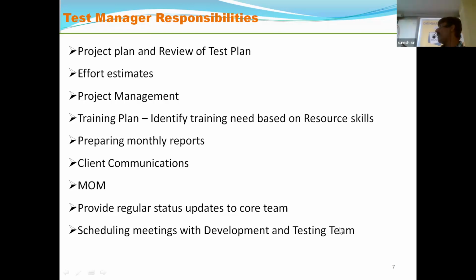Test lead is a different level, but the manager level needs to discuss with the development team and take care of the testing team here. The conclusion: as manager level, he needs to handle the whole project, and it will be taken care of by the manager.